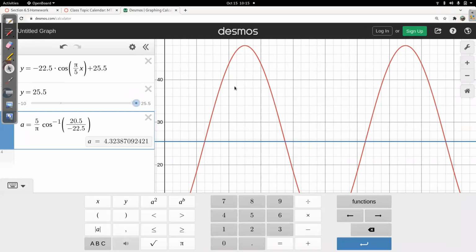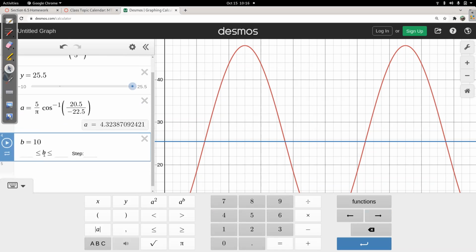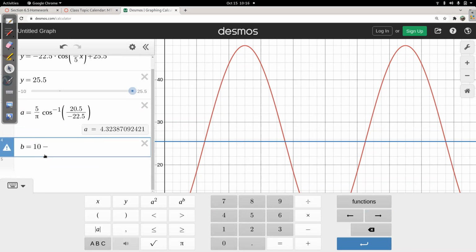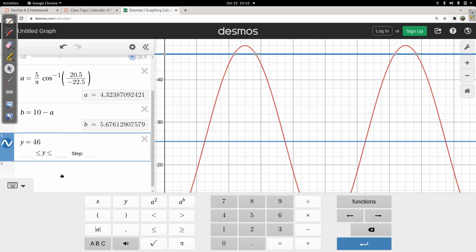So let's check out if that's true. I think one solution is 4.32. That's my first one. My second solution, I'm going to call that B. I now think it is 10 minus the first solution, which I already called A, so I can use 10 minus A. I think 4.3 is where one of them happens, just before the peak. 5.7 is just after the peak. That's where the other one should happen. So let's confirm that by graphing the line y equals 46.